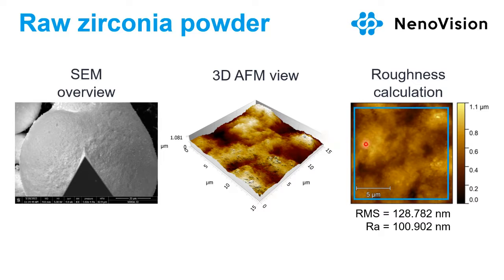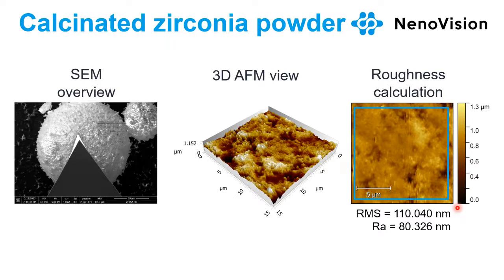And we calculated the roughness to approximately 130 nanometers RMS. This is a raw powder. In case of calcinated zirconia powder, it's approximately 110, so it's quite similar to the previous powder.